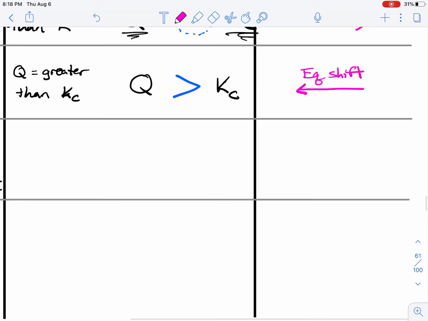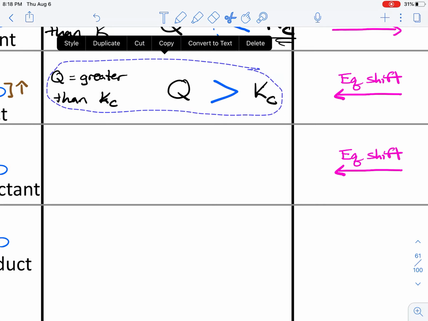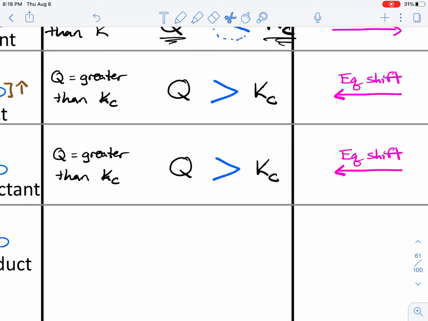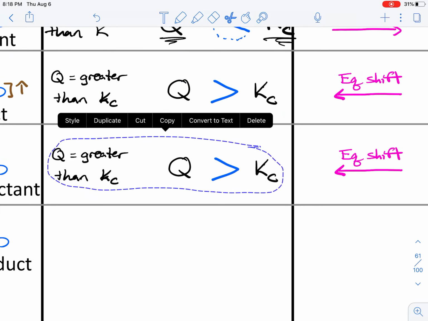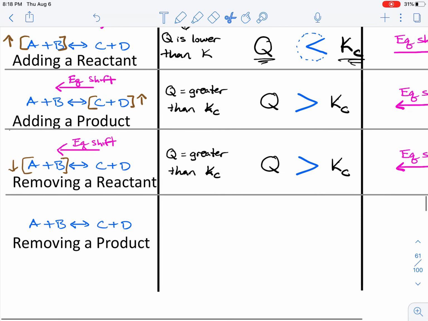And so if the equilibrium is shifting to the left, I'll go ahead and duplicate this, then that means that the value of Q when compared to K is going to be greater. Okay, so we still have this same scenario.